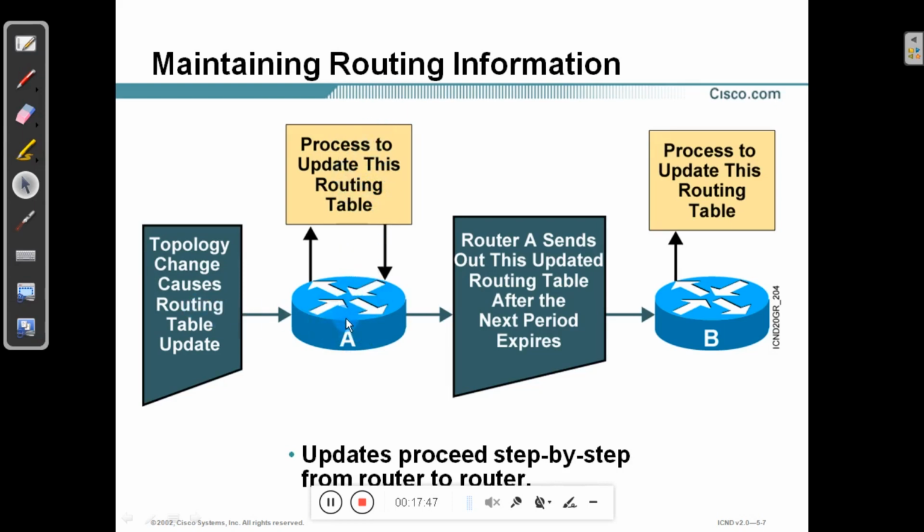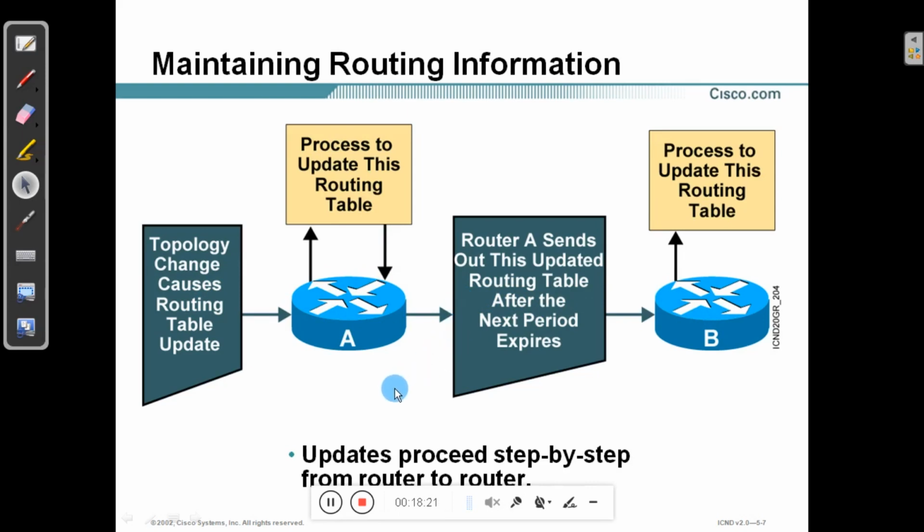Then this router will send out the updated routing table after the next period expires to the next router, and that router will process the update and change the particular routing table entry. So as soon as the topology change occurs, each router will receive the information, change its routing table, and pass the routing table to the other router. This is the way a distance vector routing protocol works.